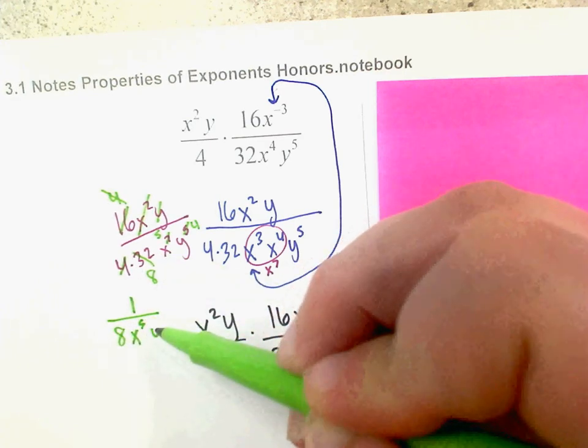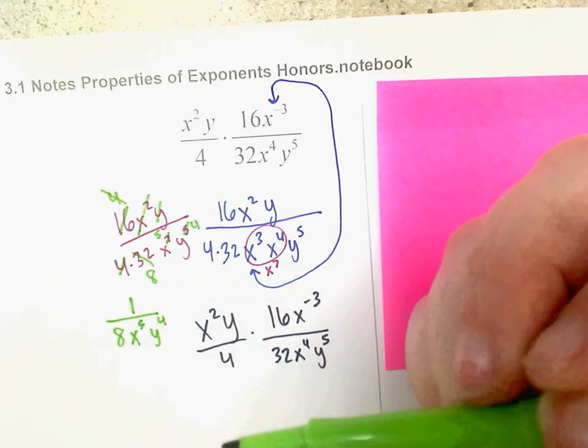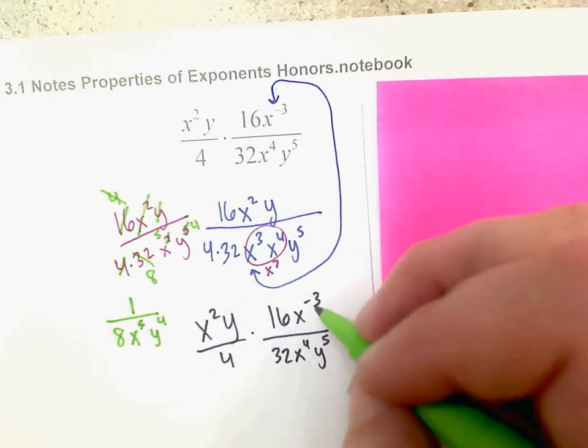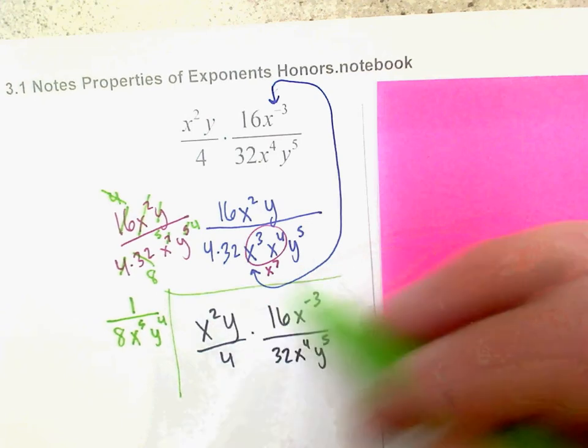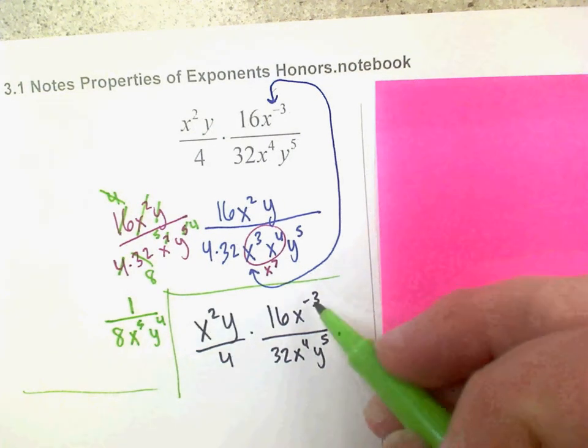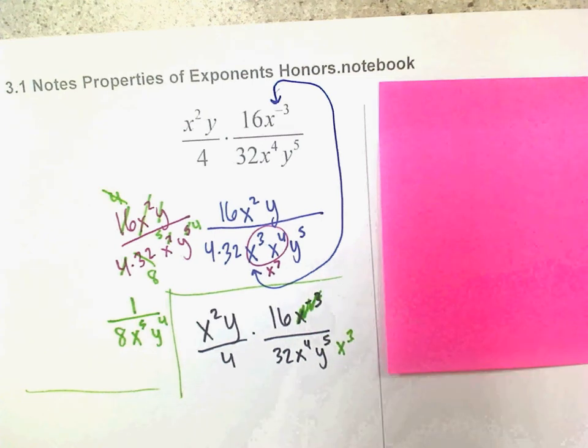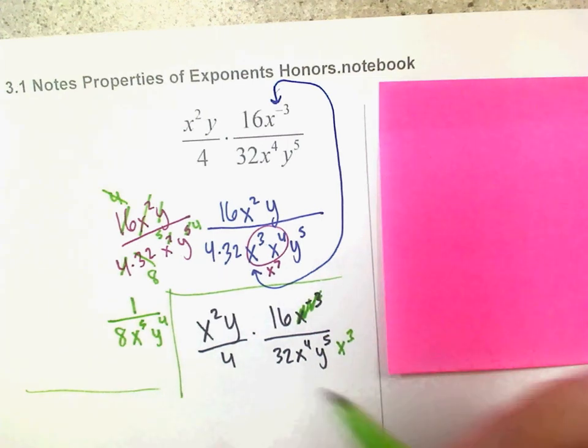My instinct is to go ahead and just start simplifying from the very get-go. So I probably would move this down there, I probably would just say x to the third. Just kind of mark it out. And then I would just start canceling out. 2 of those cancel out with 2 of those, leave me with 2.